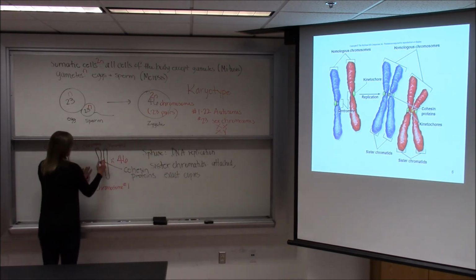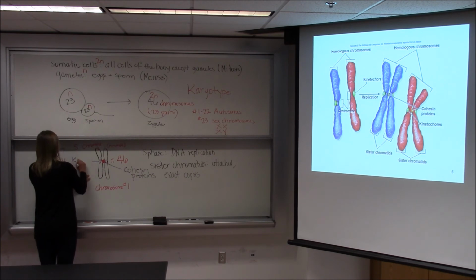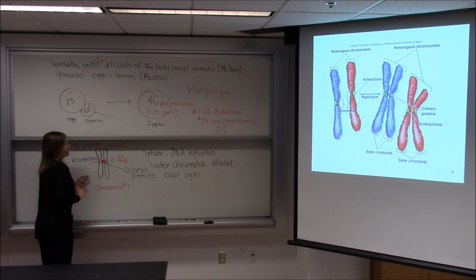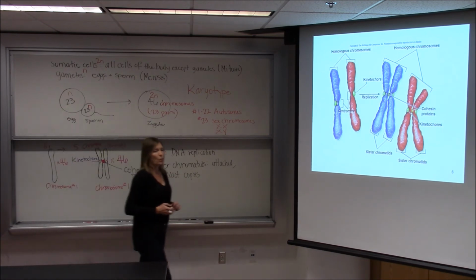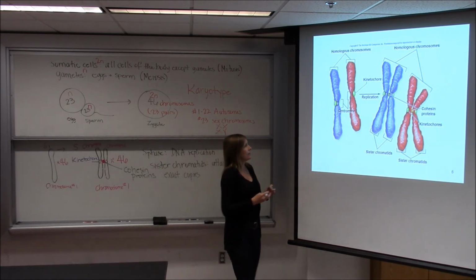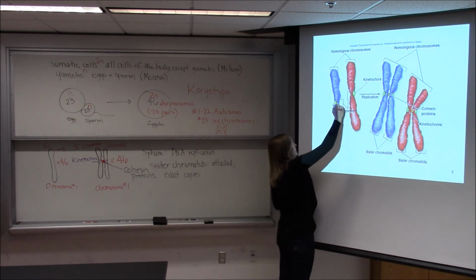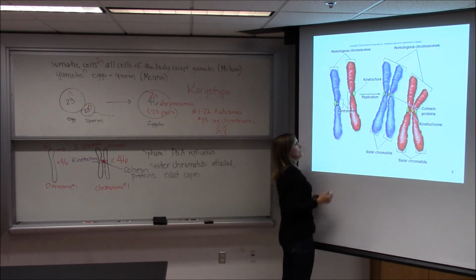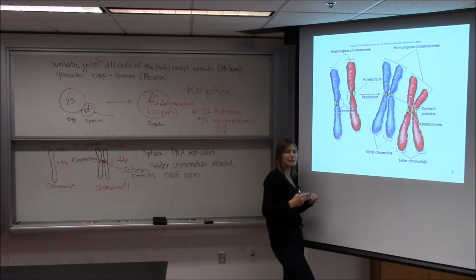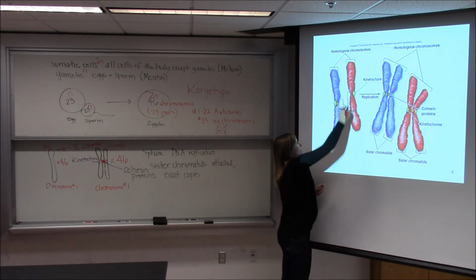Ring structure on each sister chromatid called a kinetochore. It's spelled K-I-N-E-T-O-C-H-O-R-E, but it's not pronounced chore, it's pronounced core. And then this region of each chromosome that's pinched in is the region where the kinetochore exists, and it's also where the cohesion proteins attach. That region is called the centromere.